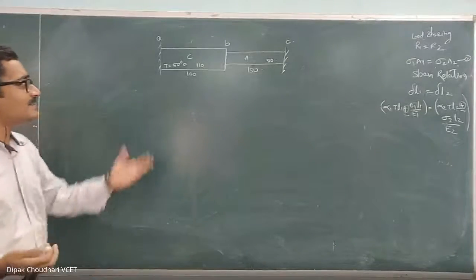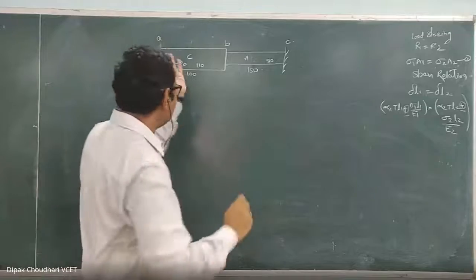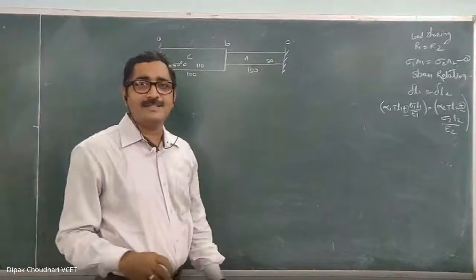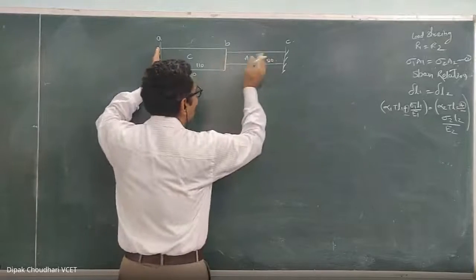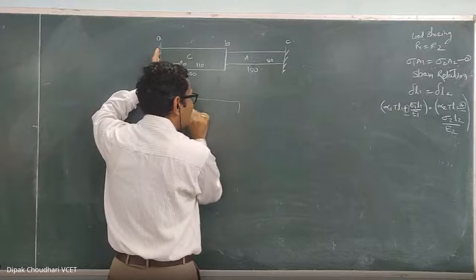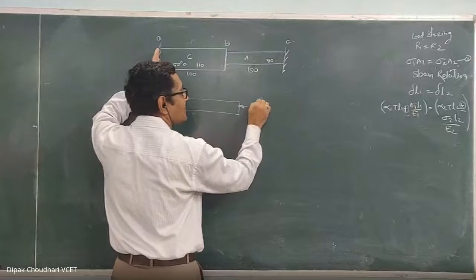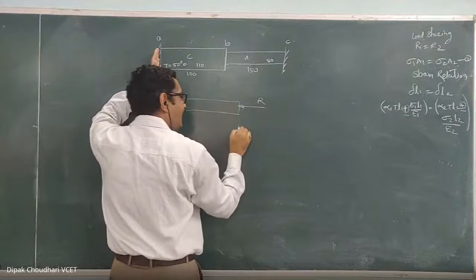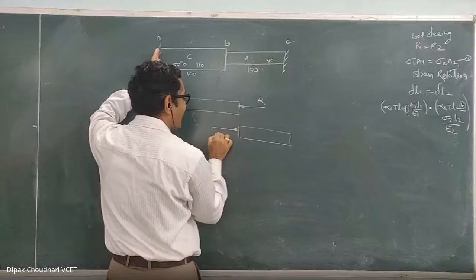Now, no external force is acting, but since the temperature of the copper increases, it will try to elongate. When it tries to elongate, it will push the aluminium rod. The aluminium rod will exert a reactive force on copper, and an equal reactive force is exerted by the copper on aluminium.